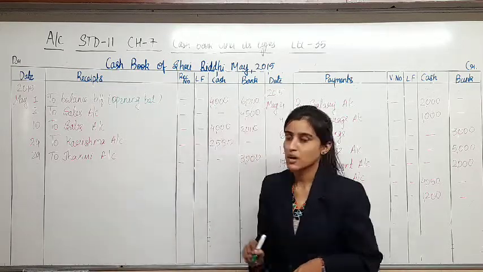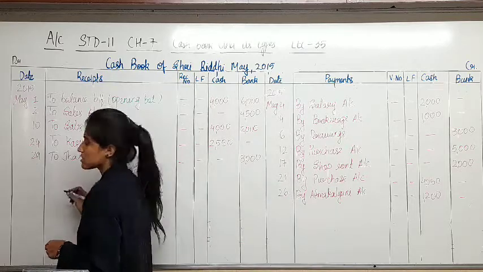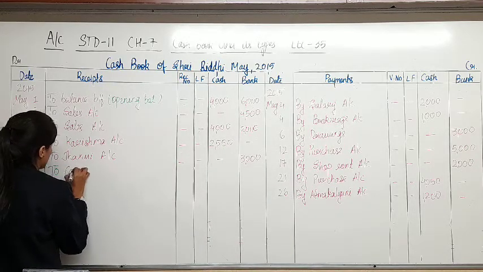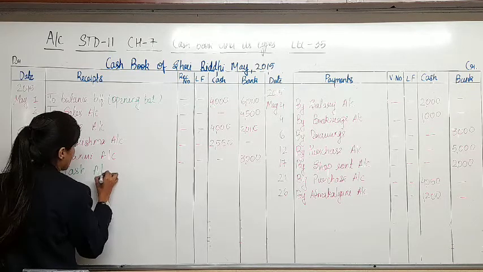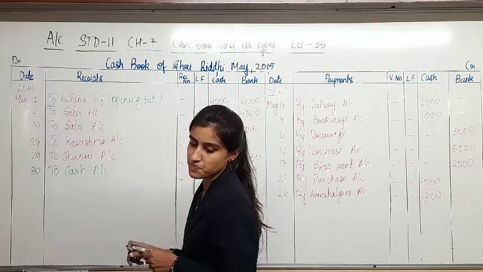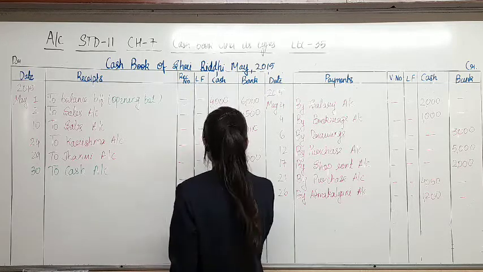Bank to cash. So on this side, to cash account, amount in the column of bank, how much? 1000.